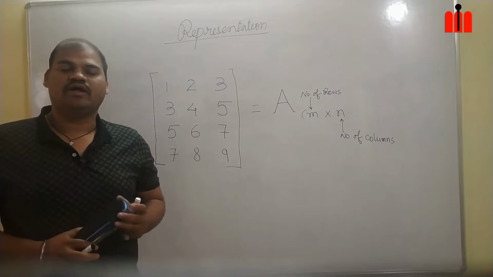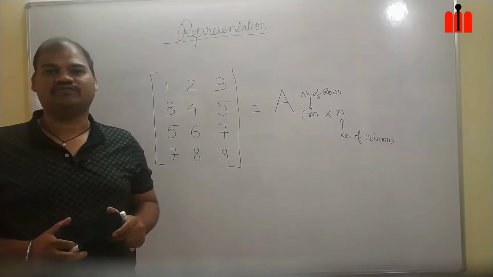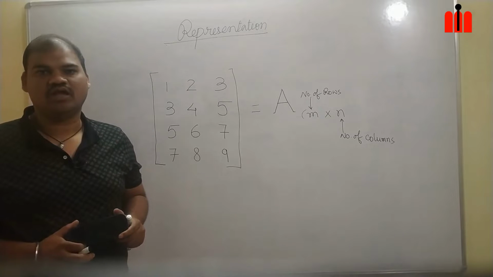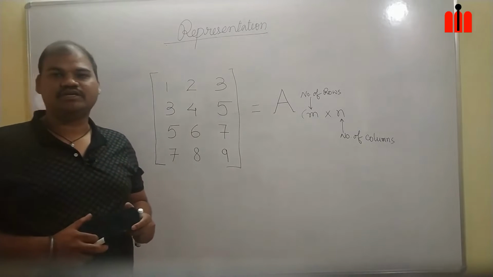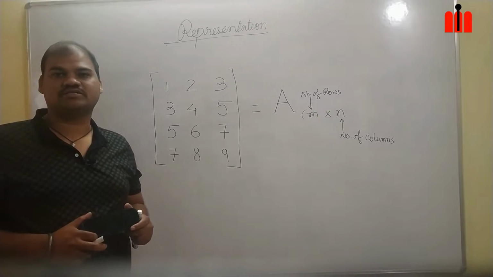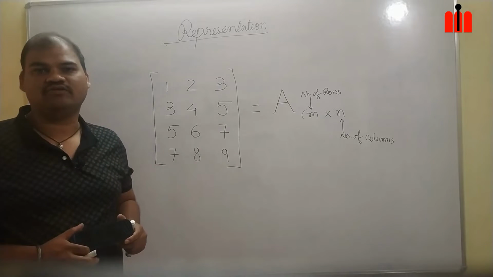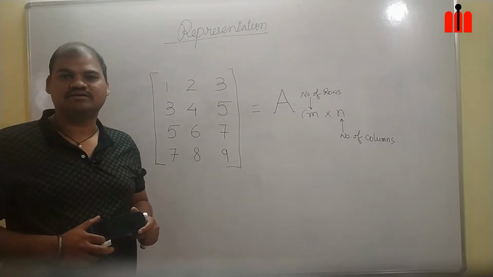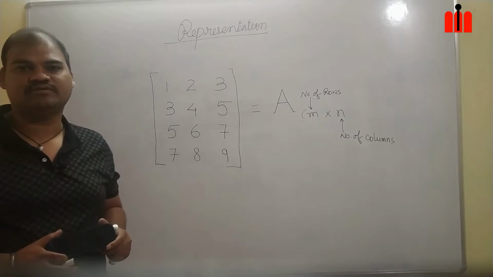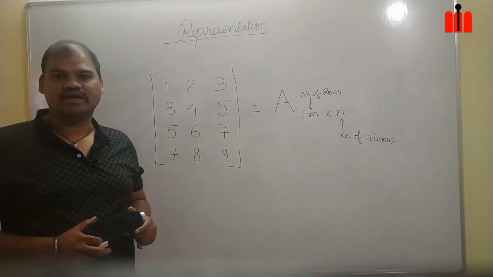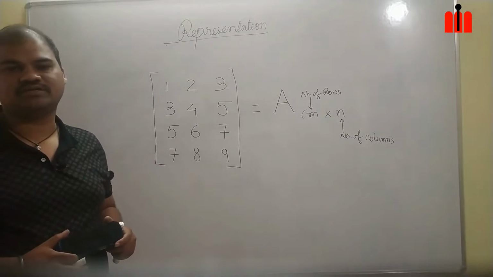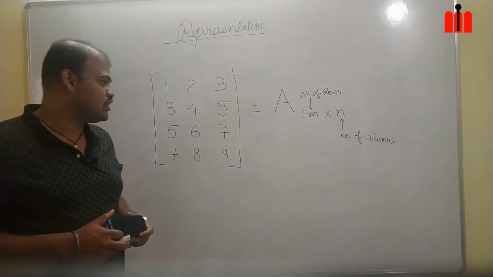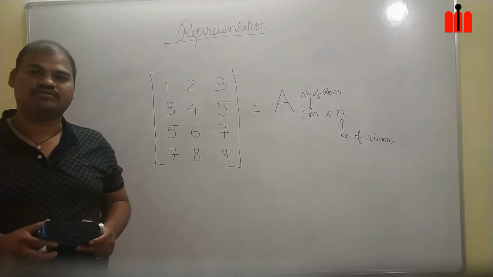Now, we are at representation of the matrix. So, let's first reiterate what the definition of matrix is. Matrix is the array of numbers. So, I have written a matrix over here.